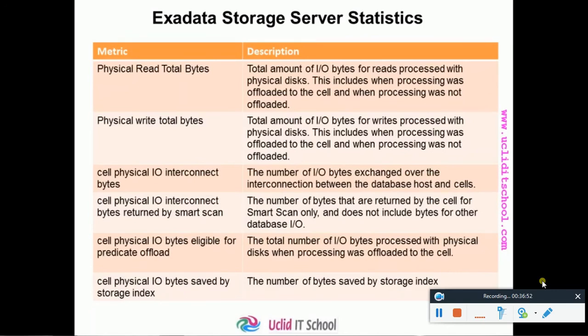For example, you executed a query. This statistic has 0 value. What does that mean? This query did not perform smart scan. For the next query, this metric showed, say, a thousand, which means for that query 1000 bytes were returned by the smart scan. So that means for that query smart scan is utilized.